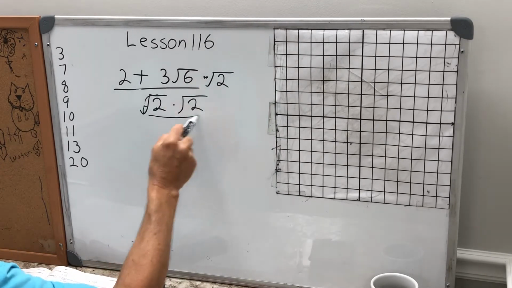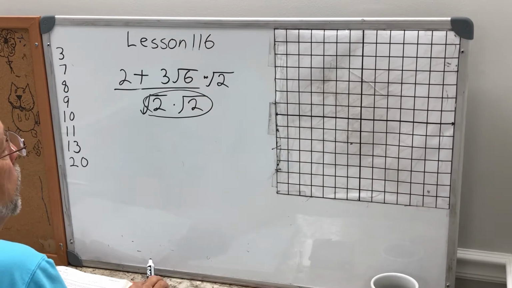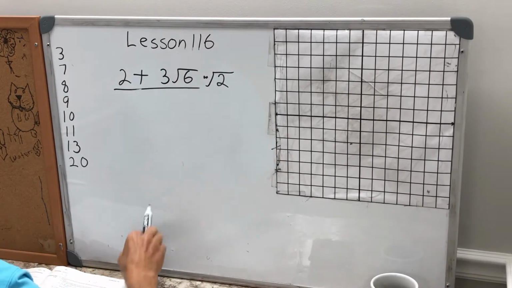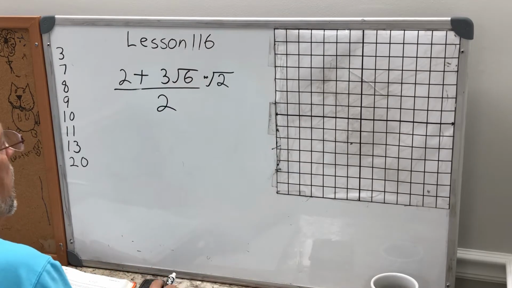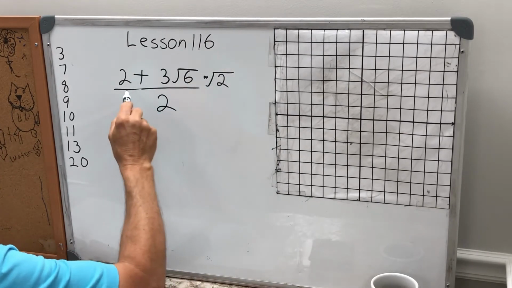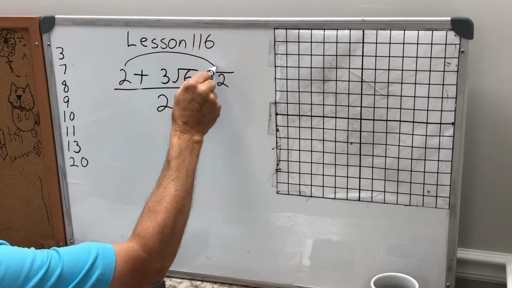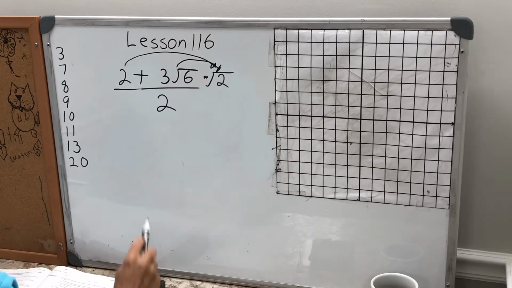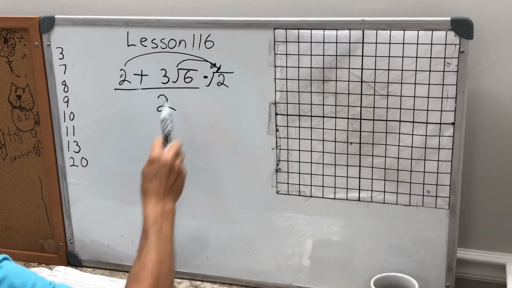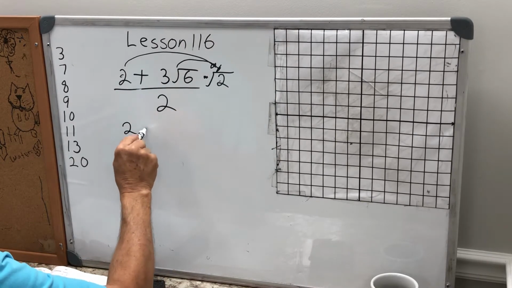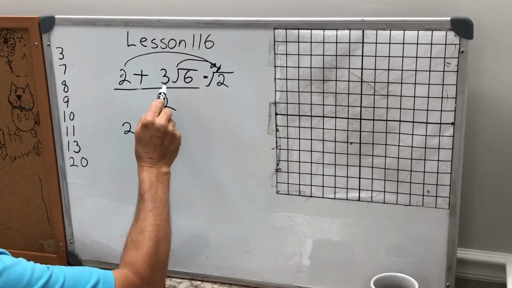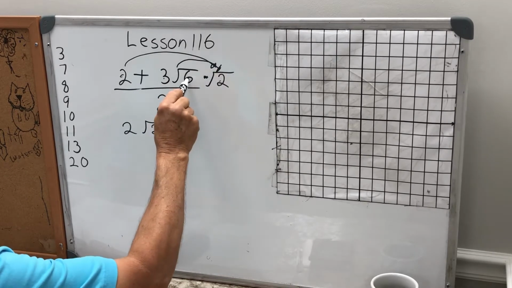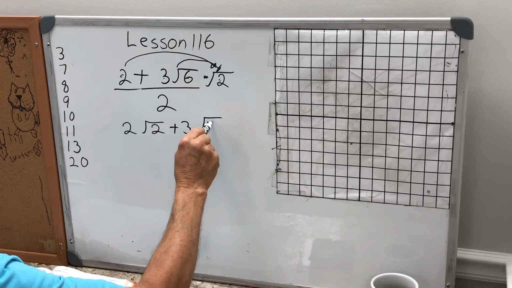Now the answer to square root of 2 times square root of 2 is, remember we just demonstrated, 2. Now we need to solve for the top here. We take this times this. 2 times the square root of 2 is 2 square root of 2. 3 times 1 is 3, and square root of 6 times square root of 2 is the square root of 12.